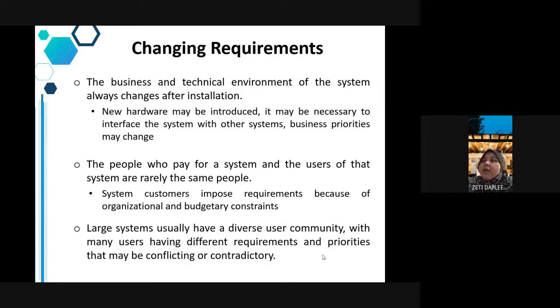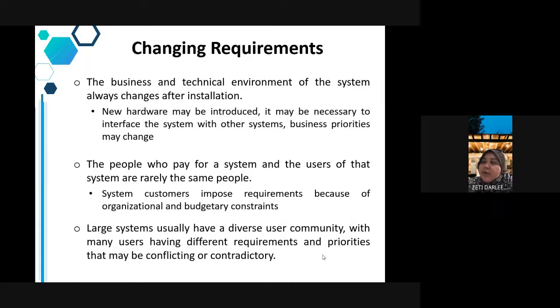Okay, so it could be during the installation, ada new hardware introduced, okay, maka perlu ada new interface because new hardware is added in, so you must have new interface to support the instruction for the hardware, and maybe because of the business priority changes pun antara faktor yang boleh berlaku, changing on requirements. Okay.